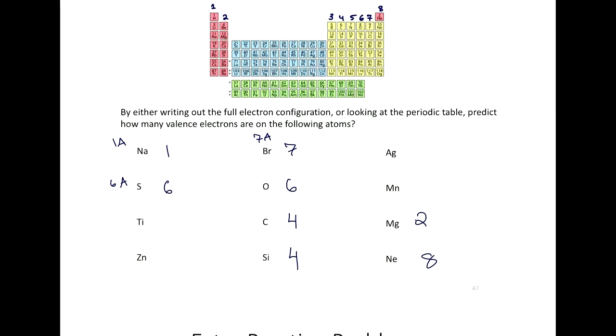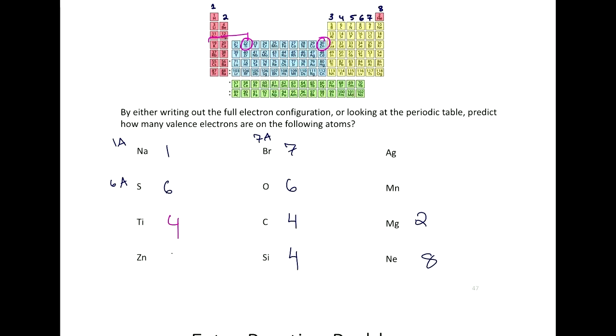So let's do the tough ones. Titanium is right here. So I would call that an early transition metal. So how many valence electrons? 4. And it is 4 because titanium 4+ exists, right? Zinc is over here. I would call that later transition metal.